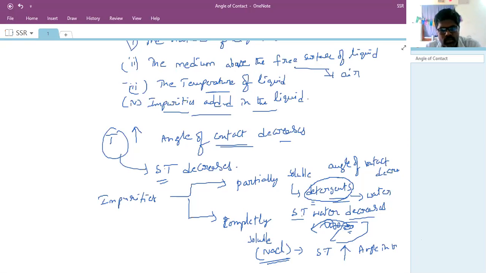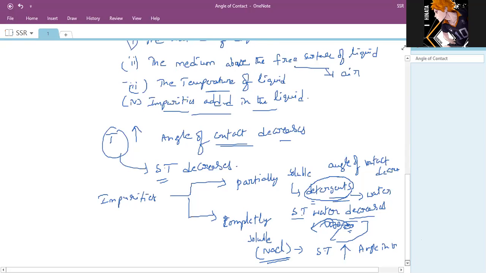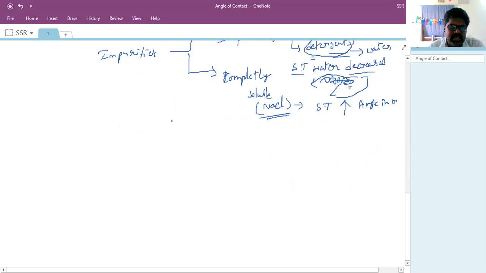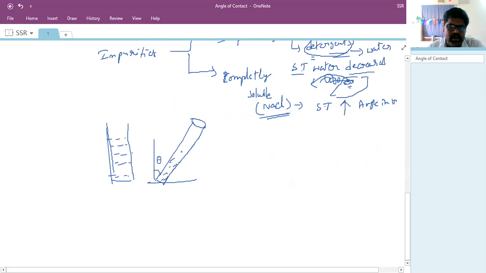Right. Normally, I placed a tumbler vertically, and then we discussed the angle of contact. I have taken it perfectly vertically, with a liquid level inside, and the angle of contact is discussed. Suppose you keep a tube-like structure inclined at some angle theta, with some water or liquid inside the tube.